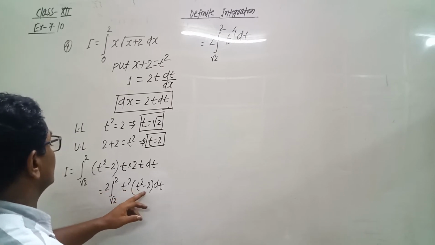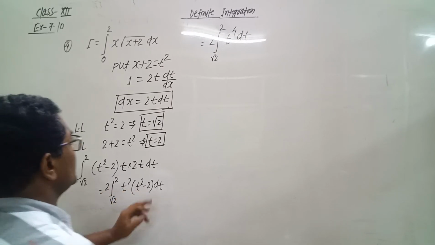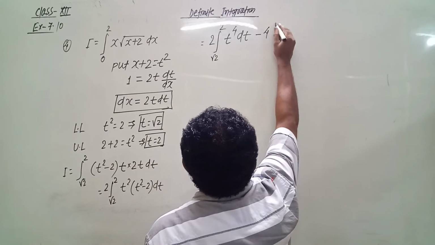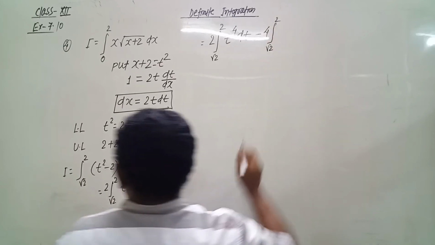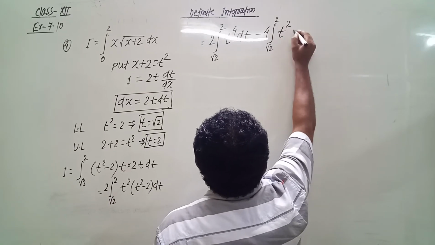Then minus 2 into 2 is 4, so minus 4 t square dt. So 2 integration of t to the power 4 dt minus 4 integration, limit from root 2 to 2, of t square dt.